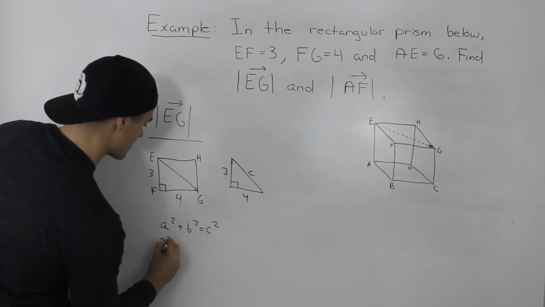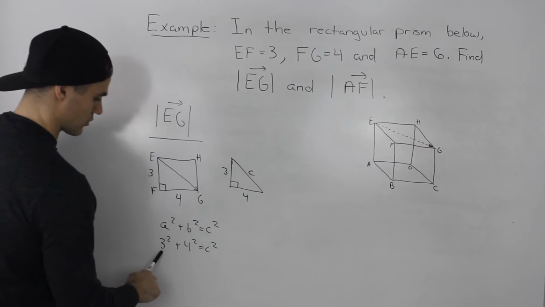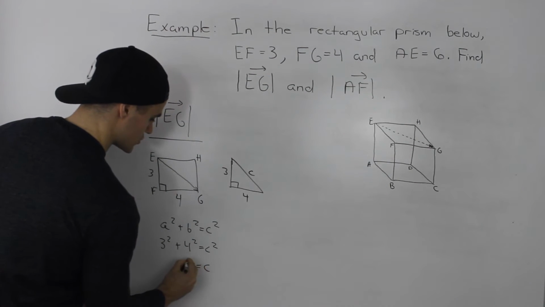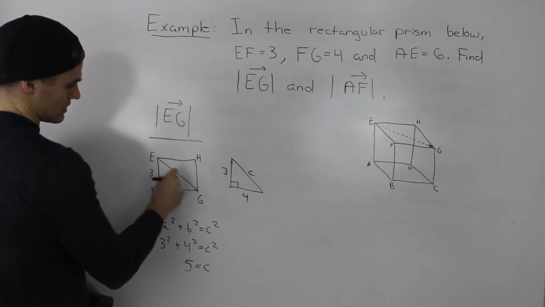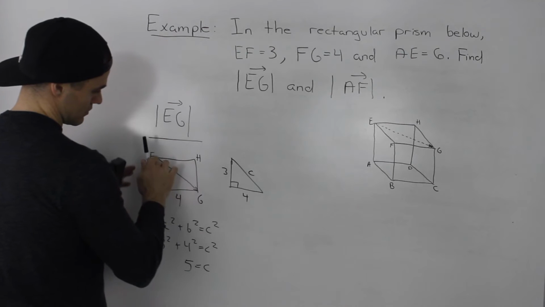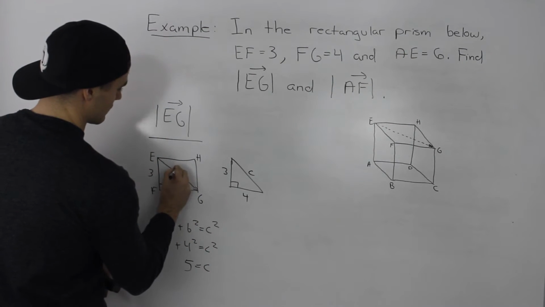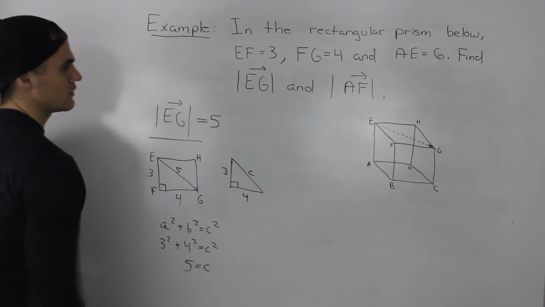So 3 squared plus 4 squared equals c squared, and 3 squared plus 4 squared is 25. The square root of 25 would just be 5. Hence, the length of this diagonal here, this vector EG, is 5. So the magnitude is 5. So we solved the first one.